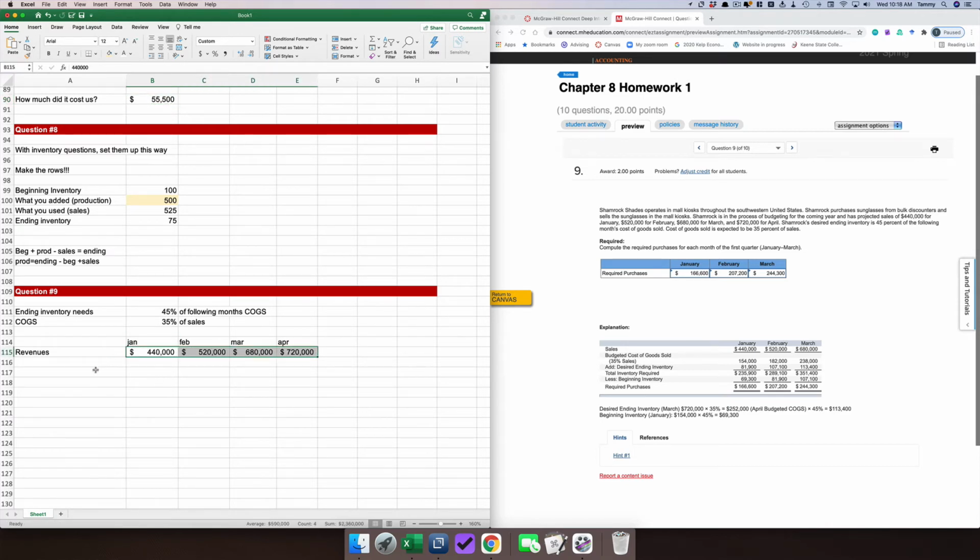There they are. So we need to figure out how much we need to purchase. Just like before, we have our beginning inventory, so we're going to set this up the same way. In this case, though, we're not producing. What we add, or purchase in this case, what we use, or sell in this case, and then our ending inventory.